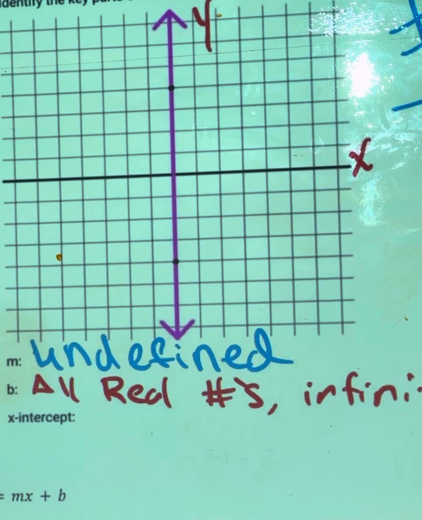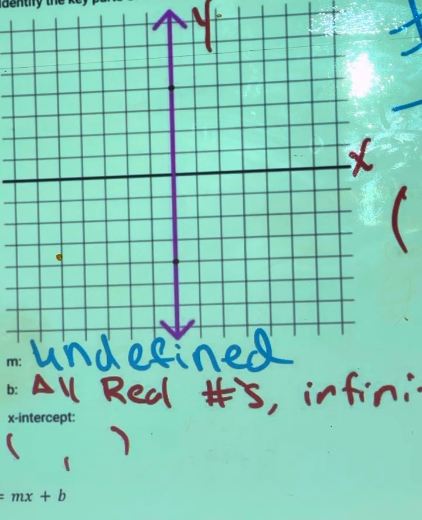Okay, your x-intercept, that's where it crosses the x-axis. A reminder, when you have an ordered pair, it is x and then y. So if you have an x-intercept, you have an x value, what's your x value going to be? 0.